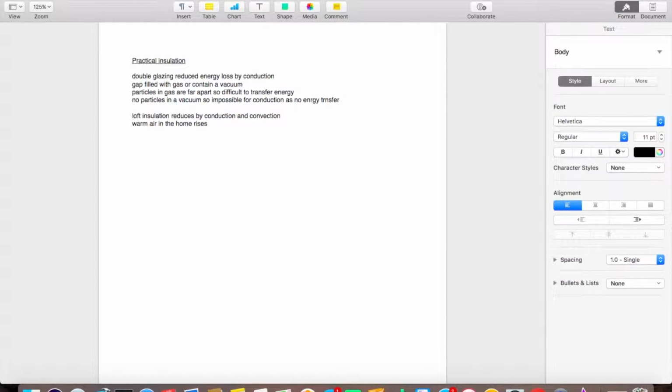Energy is transferred through the ceiling by conduction. Air in the loft is warmed by the top of the ceiling and is trapped in the loft insulation.